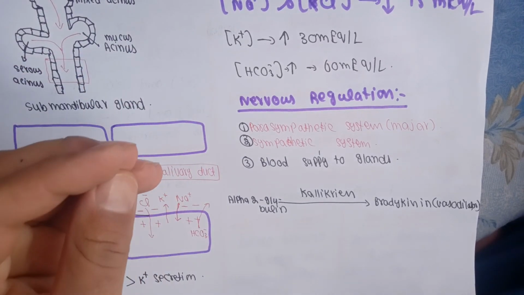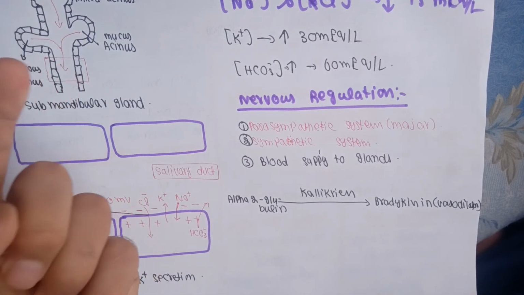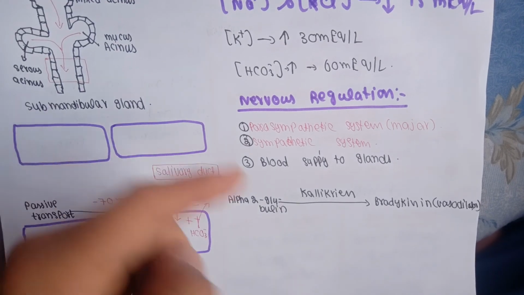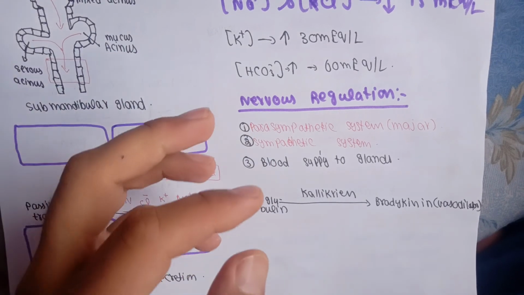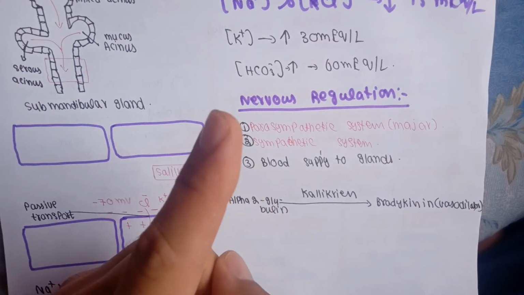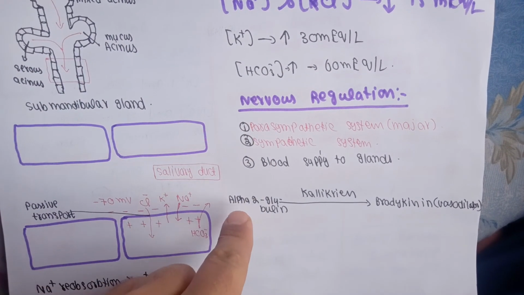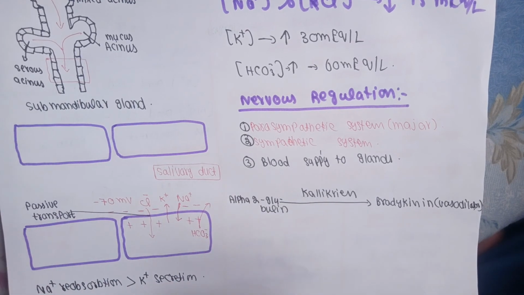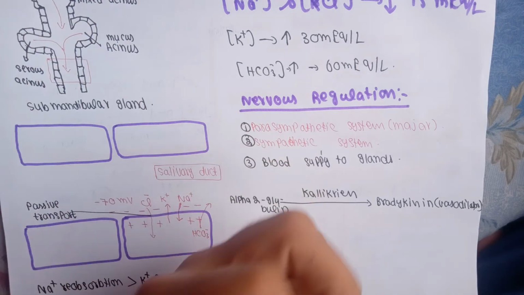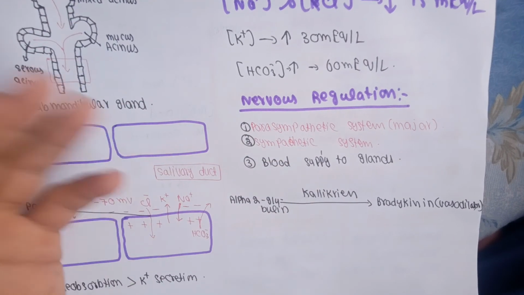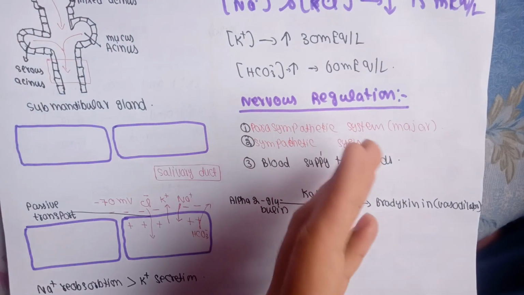When the cells of the duct are activated, they cause a secretion of kallikrein. When kallikrein is secreted, it converts alpha 2 globulin to bradykinin, and in turn bradykinin is a vasodilator which increases the blood vessel dilation, and thus this mechanism increases. So this is all about it.